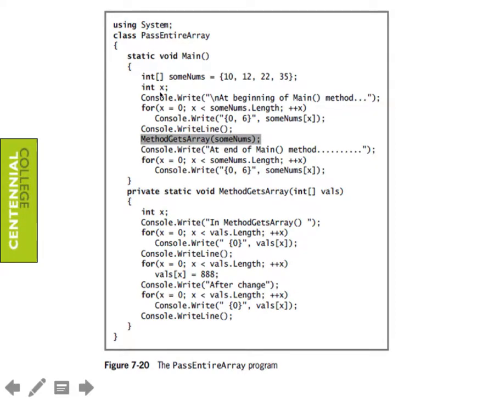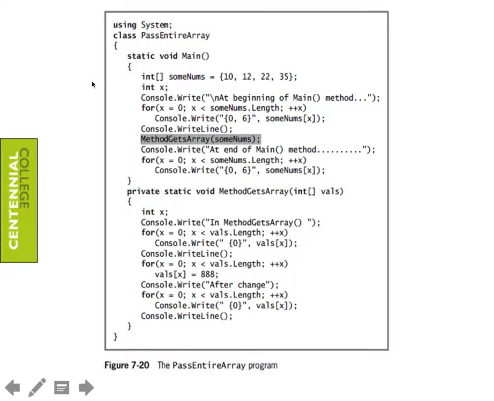So now I'm not passing one index value. Here's someNums, here's my array, and here's the name of my array. I'm passing the whole array in, just the name of the array. And now listen, take a look at this. My method GetsArray is listening for a type of integer array we call locally here in this method vals.